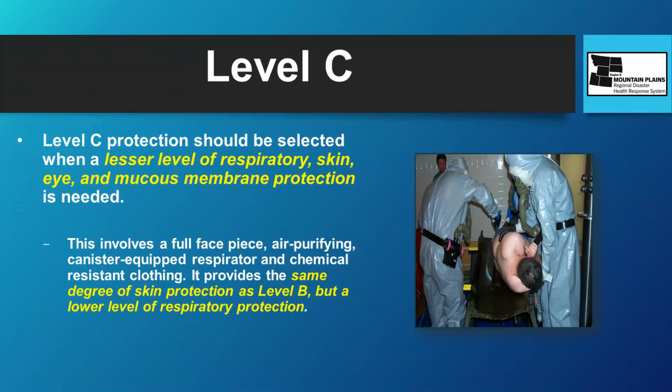Level C protection is selected when you need even a lesser amount of protection, and typically this involves an air purifying respirator, something that will filter the air that you're breathing. So you're not using something that's supplying air to you.